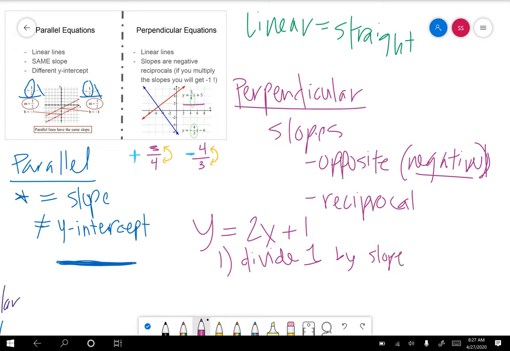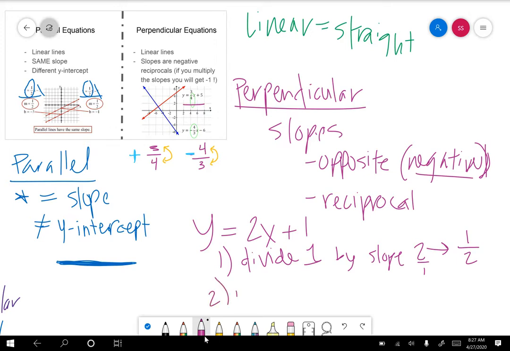So here, instead of 2, we would have 1 divided by 2, or 1/2, right? Which is the reciprocal of 2 over 1. So divide 1 by the slope just basically means find the reciprocal.